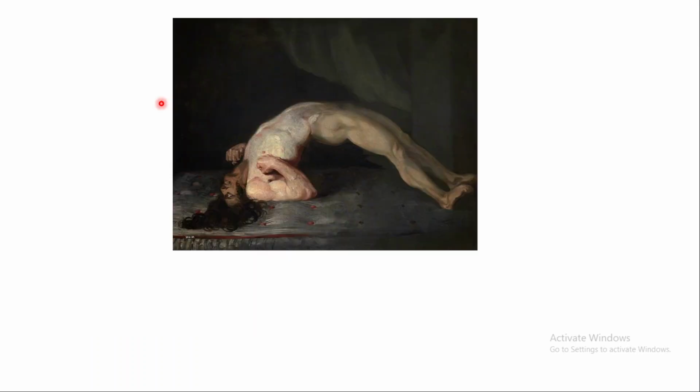Let us learn a little more about what tetanus is. This is a depiction of a prehistoric era of the disease, and if you just Google search tetanus, you will see images like this. This is a man in agony, in pain, and he cannot bend his body.